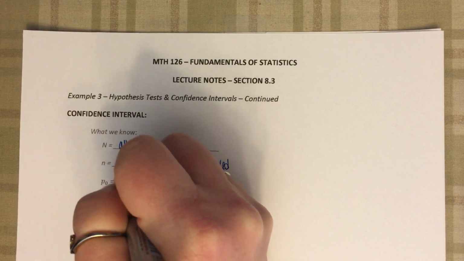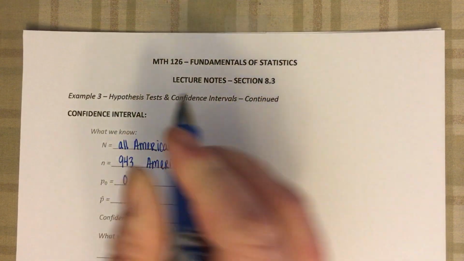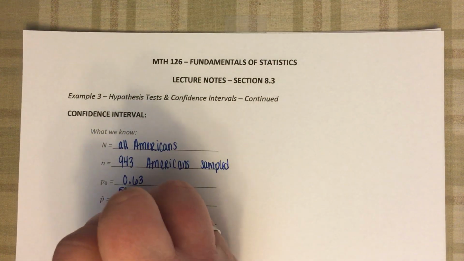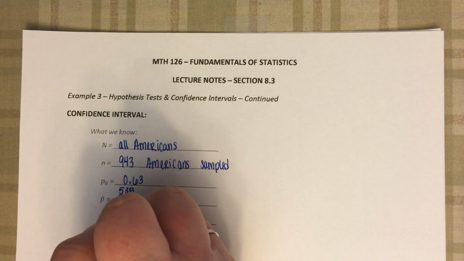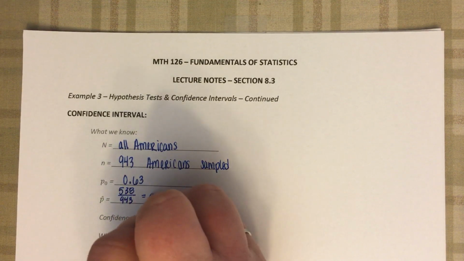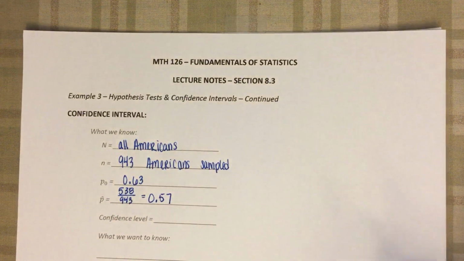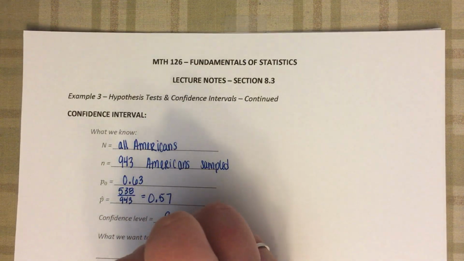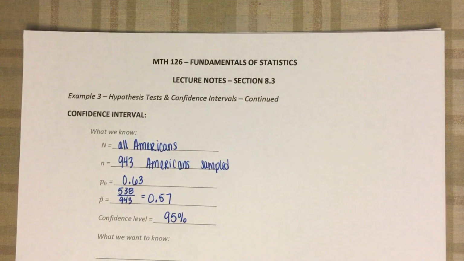Our P naught is still that original percent of 63%. Our P hat is 538 out of 943, or 57%. We're told to use a confidence level of 95%.